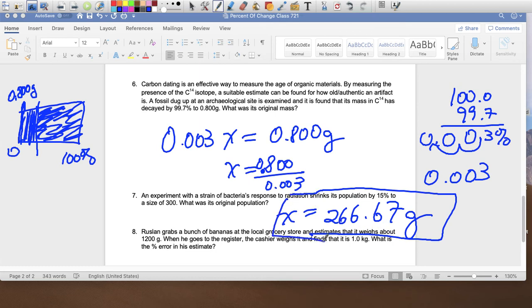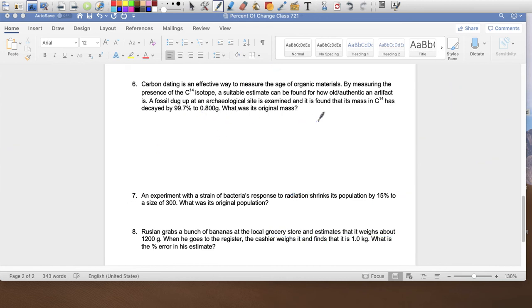Okay, and obviously through the thousands of years, it decayed, and it lost 99.7%, so the leftover here represents 0.3%. Okay.